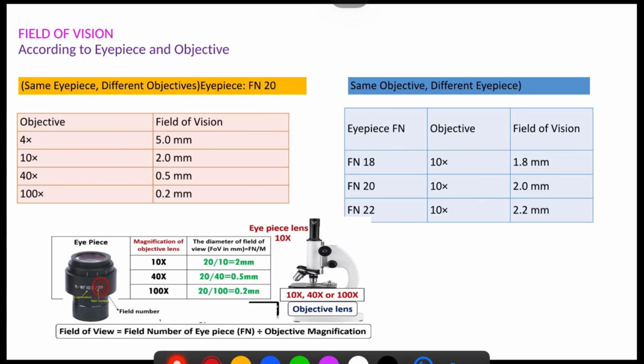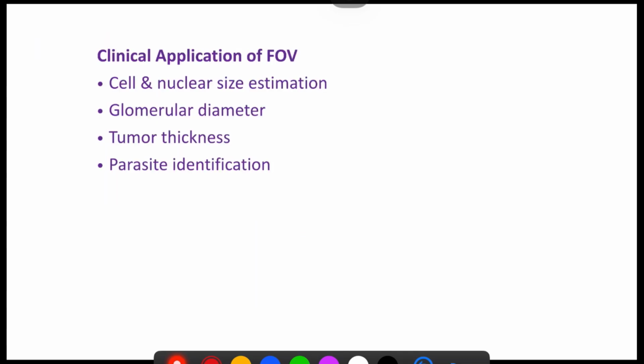And with the same objective but a different eyepiece, the field of vision will automatically be different. So in this figure we can see the field of view is equal to the field number of the eyepiece divided by the objective magnification.